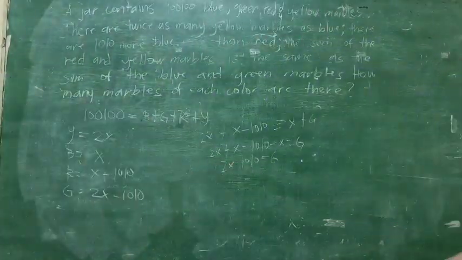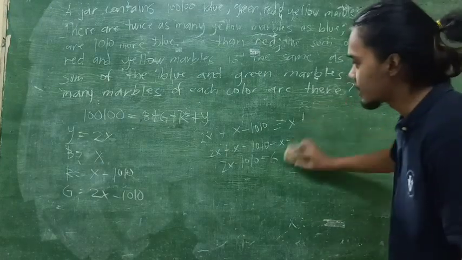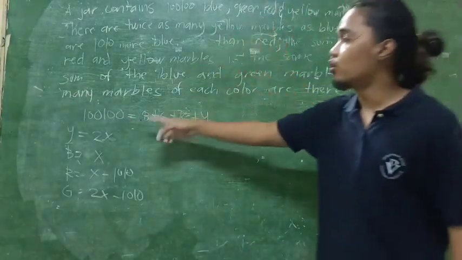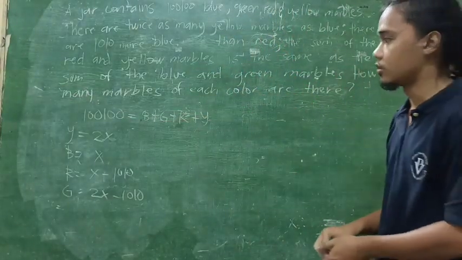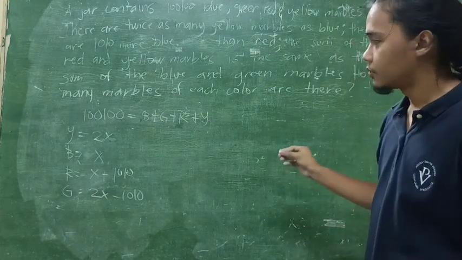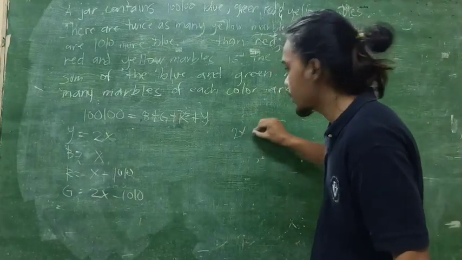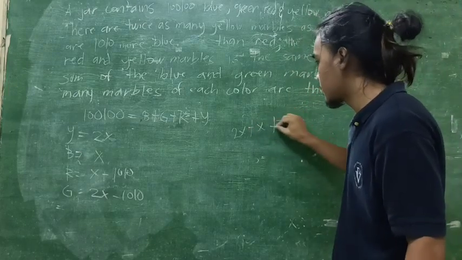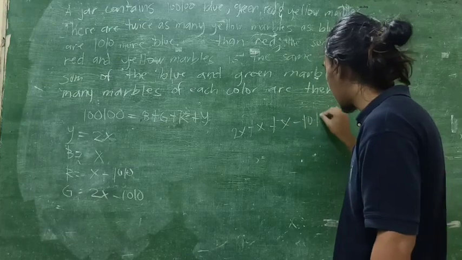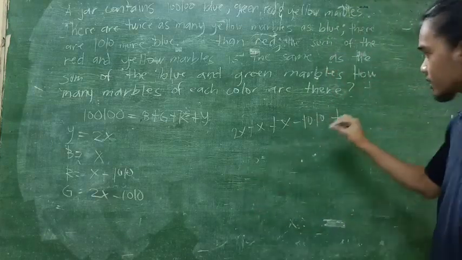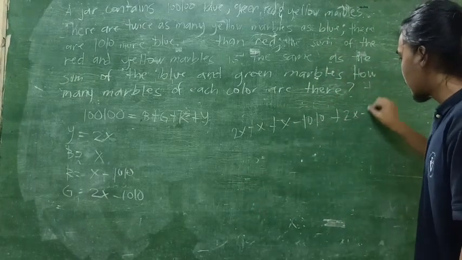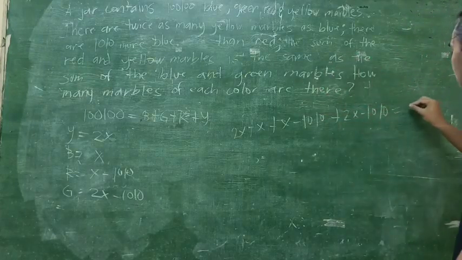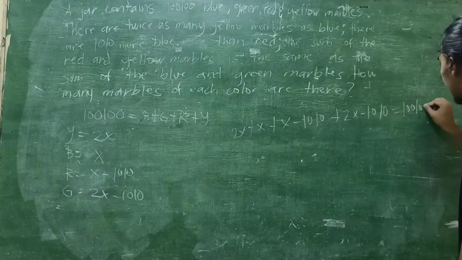There we have it. Now that we have these variables, we can solve for the value of our x. Just simply add the blue, green, red, and yellow marbles. So, we have 2x plus x minus 1,010 plus 2x minus 1,010 is equal to 100,100.